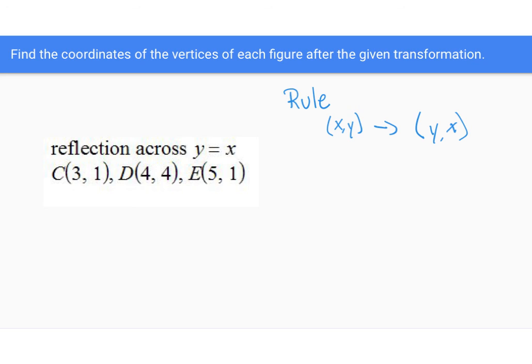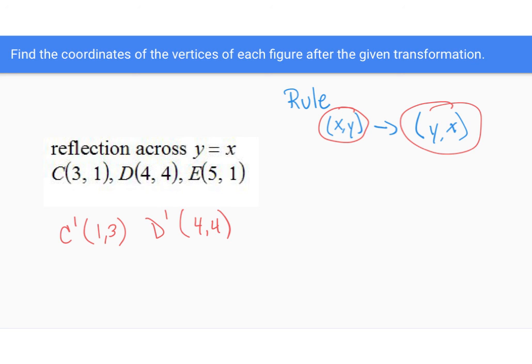So our rule for the reflection across y equals x is to take your x and y ordered pair and basically just switch the numbers. So our C prime is going to be 1, 3. Our D prime is going to be 4, 4 still, because you can't really switch those numbers. And then our E prime is going to be 1, 5. We're just taking the x, y numbers and we're switching their places.